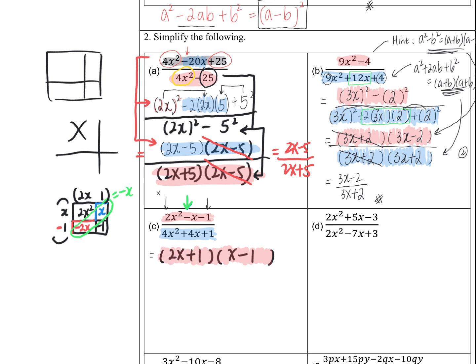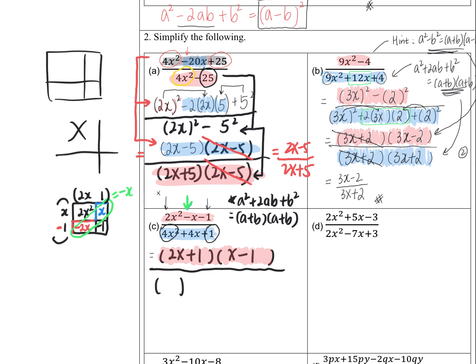Okay, now for the bottom, I ask myself, are the first and the last perfect squares? If they are, likely I can use the special product rule. So I'm going to use this. This one is (a plus b) squared, so this is the rule I'm going to use.